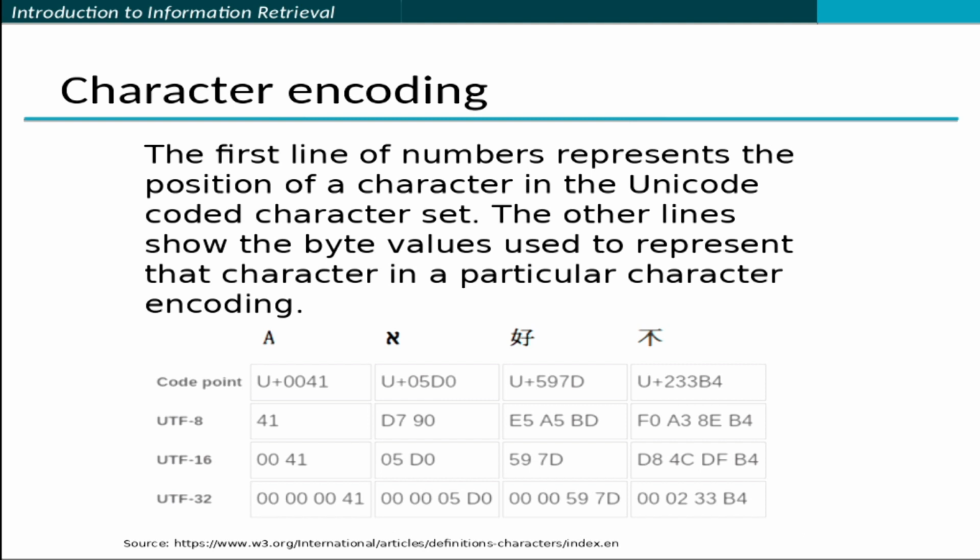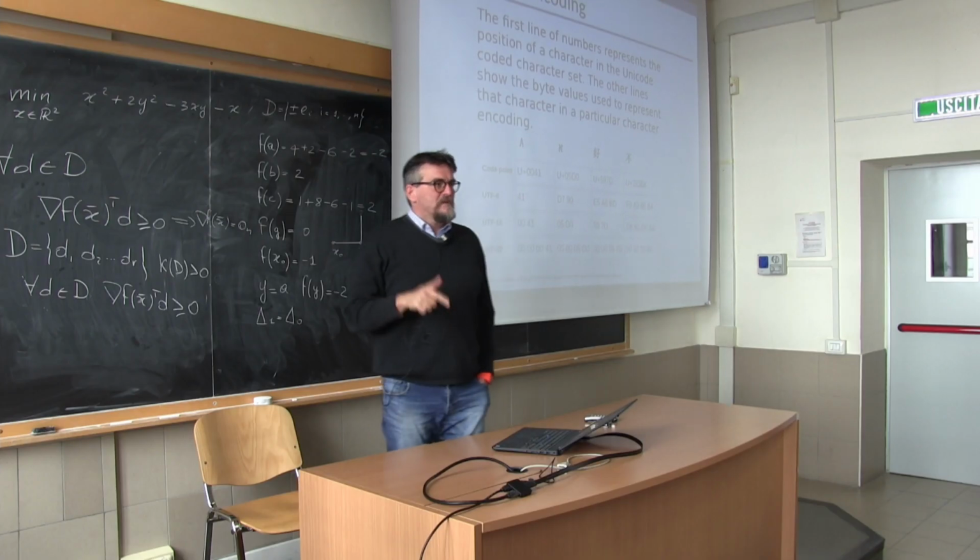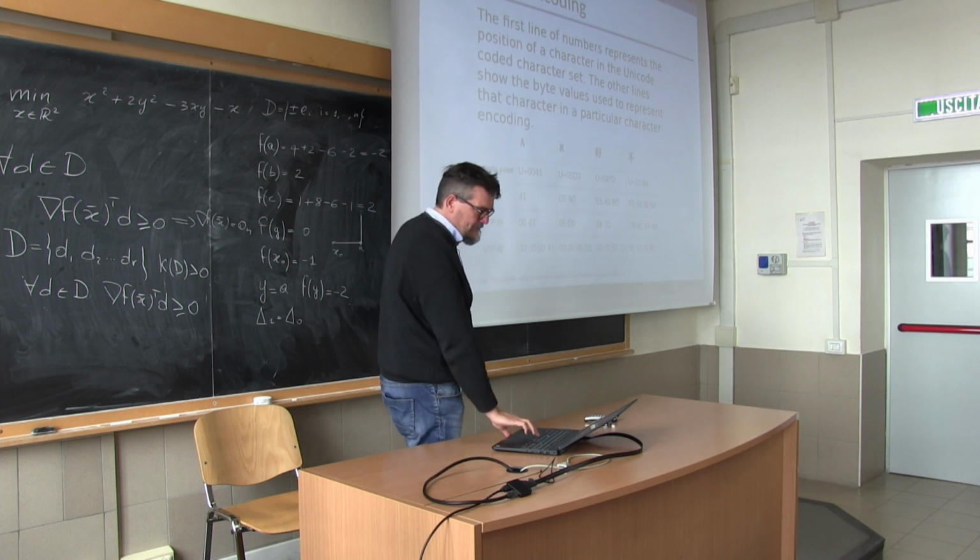Anyway, all the symbols have a different point in the list of all the possible symbols. And then, depending on the type of encoding, UTF-8, 16, or 32, you encode it in a different way. So the encoding is the way through which you pass from symbols in the documents to bytes that represent that symbol in the document.